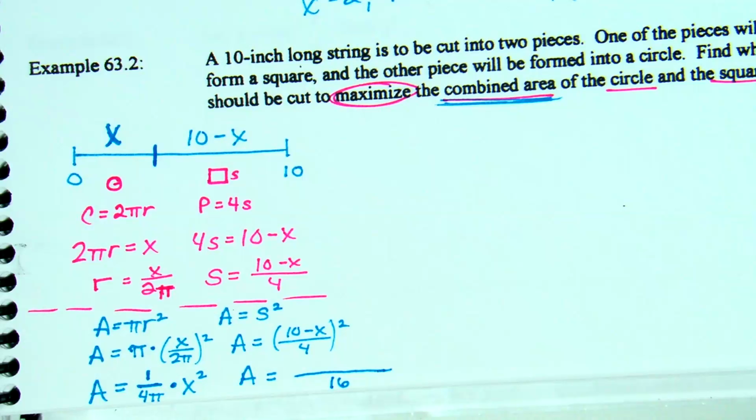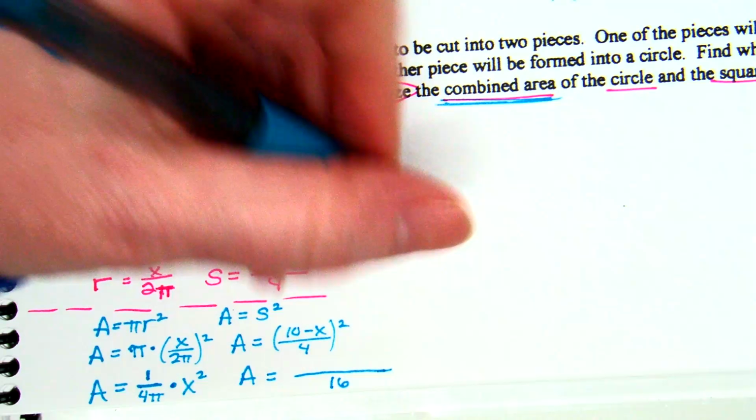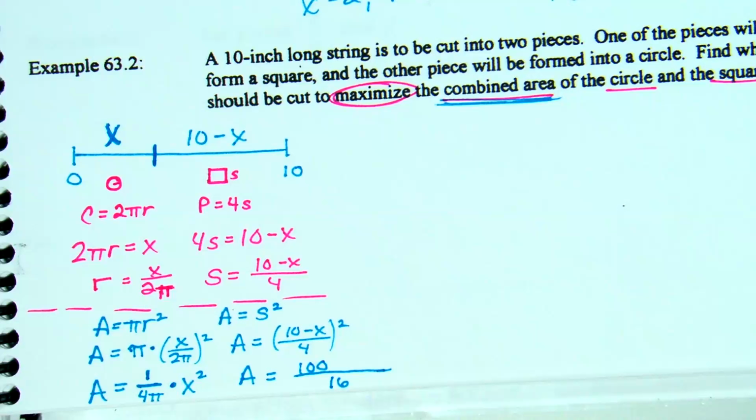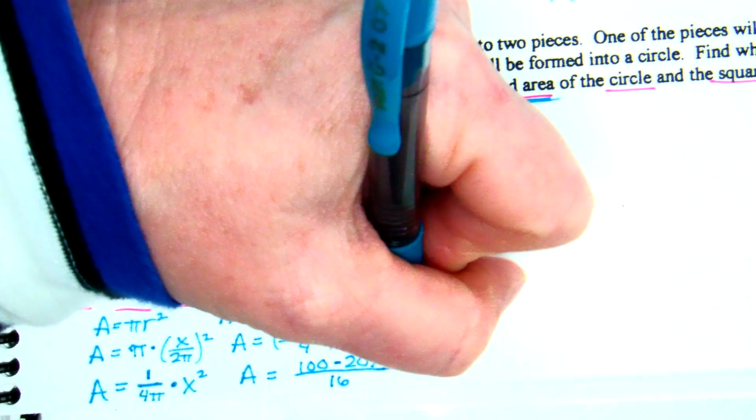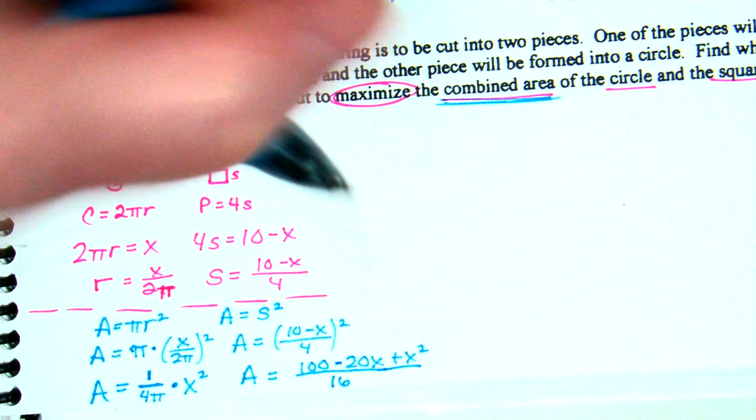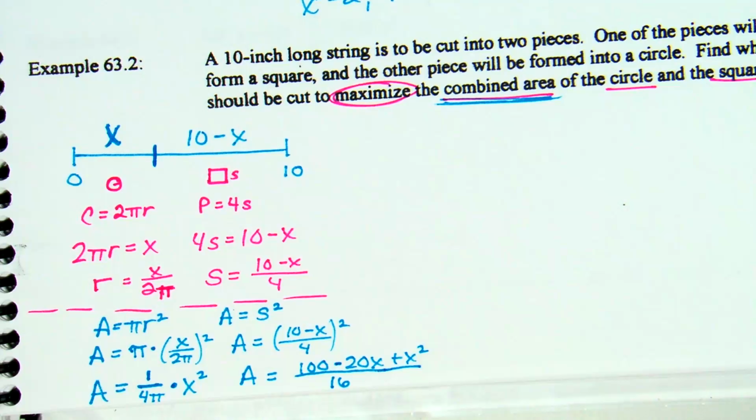The numerator, 10 minus x, quantity squared, which means when you do 10 minus x times 10 minus x, we have to FOIL. 10 times 10 is 100. 10 times minus x, minus 10x. Another minus 10x is going to be minus 20x. Minus x times minus x, plus x squared.